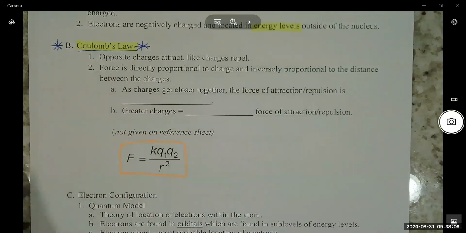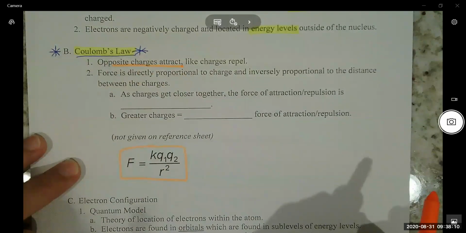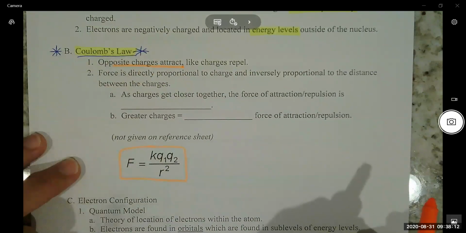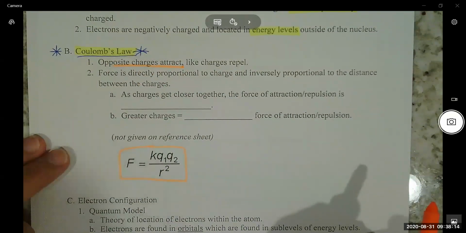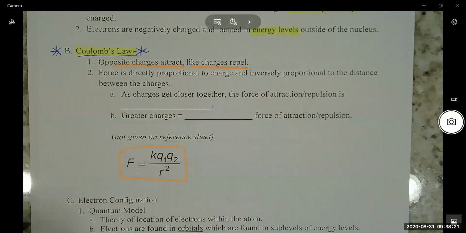Obviously you guys know opposite charges attract. That means our positively charged protons and negatively charged electrons attract each other. Like charges repel. That means if you have two electrons next to each other, they repel and want to be as far away from each other as they can.